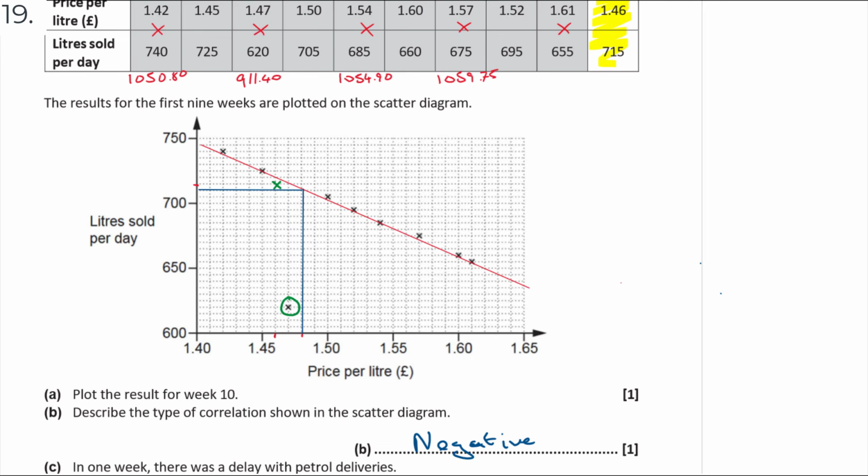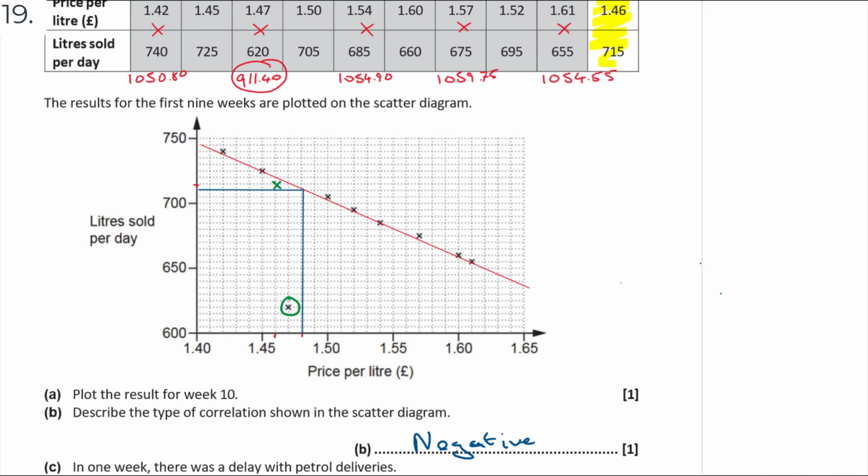And then finally 1.61 times 655, that comes out to be 1,054.55.